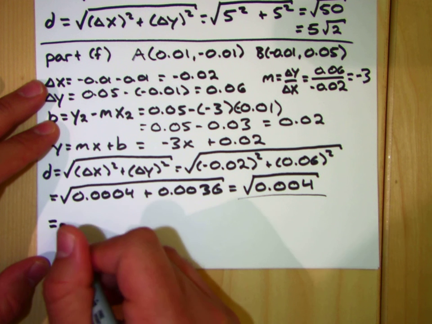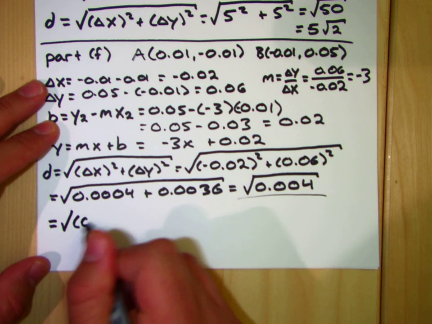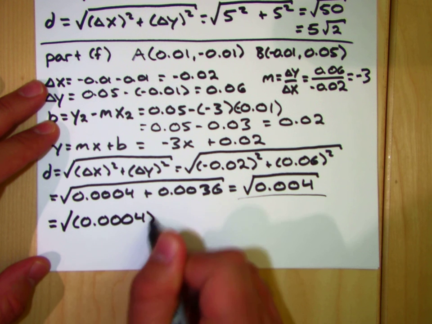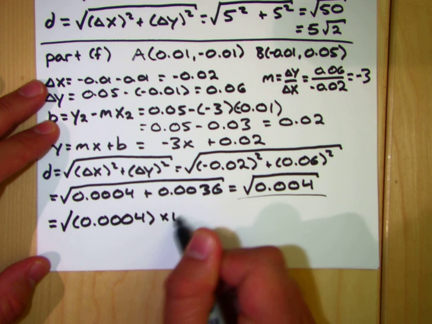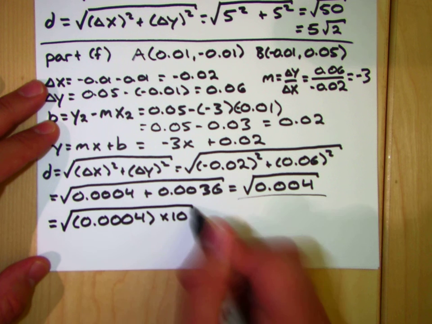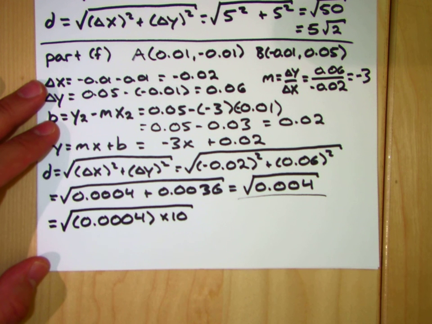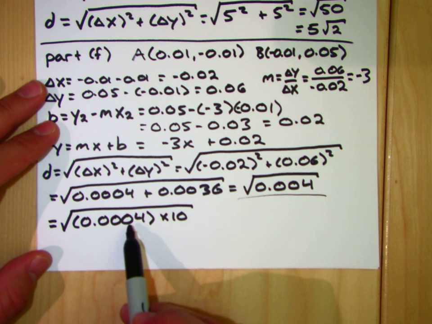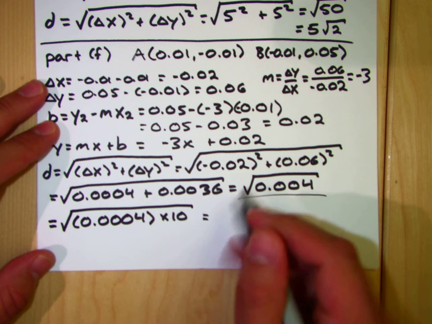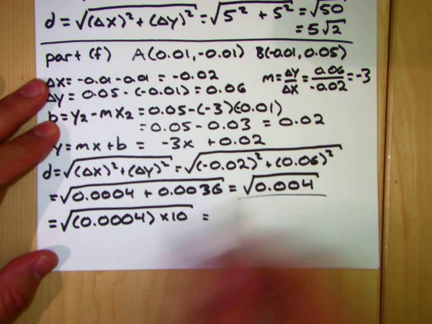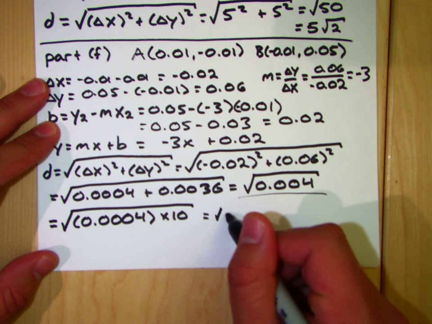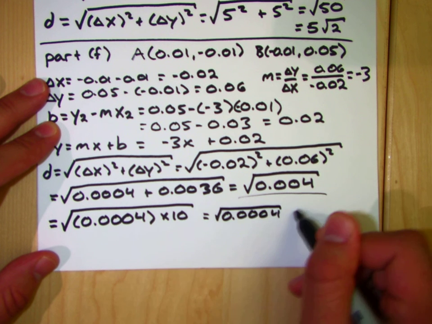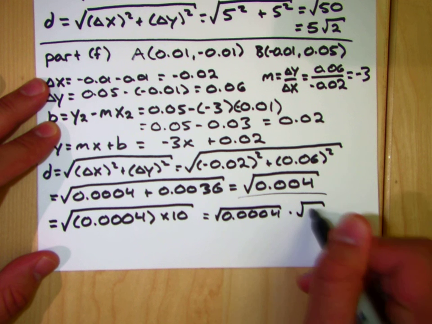So I'm going to rewrite it as square root of 0.0004 times 10. Well, why did I do that? Because I know that if I separate out these two terms under different radicals, I get the square root of 0.0004 times the square root of 10.